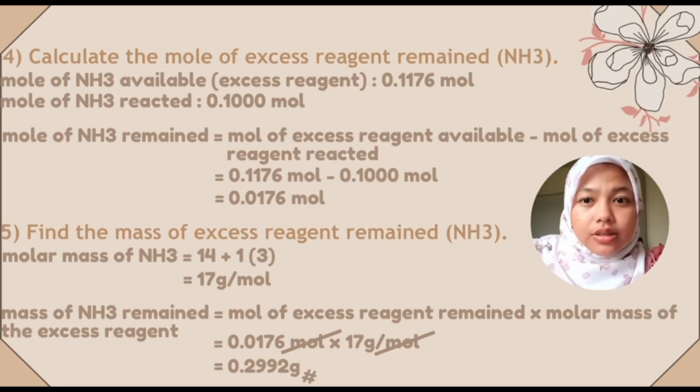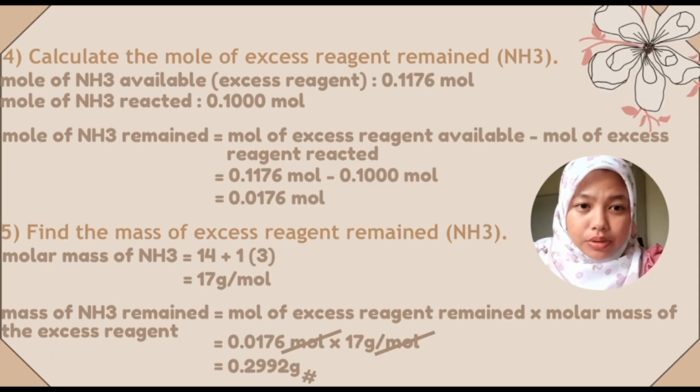Third, we can calculate the mole of excess reagent remaining by subtracting the mole of ammonia reacted from the mole of ammonia available. And the last step, we can find the mass of excess reagent remaining by multiplying the mole of excess reagent remaining with the molar mass of the excess reagent.